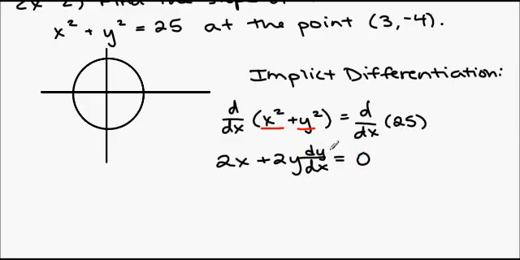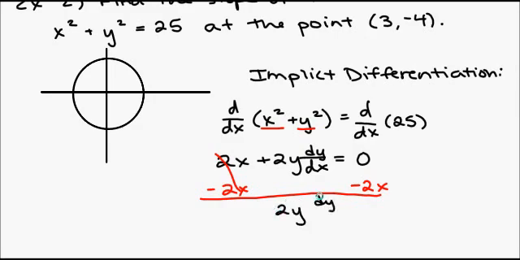Trying to get this by itself, I can't divide yet because I have that plus sign. So I'm going to subtract 2x from both sides. So we have 2y dy/dx equals negative 2x.